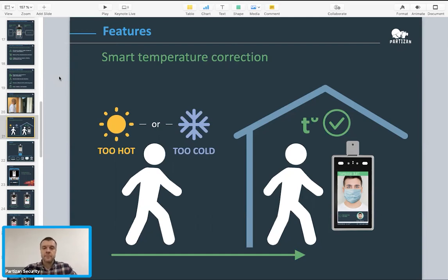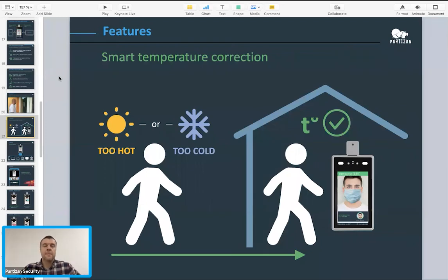If you see that people coming inside have a 1 degree plus temperature compared to the normal temperature after the 5 minutes, you can just put this 1 degree correction into the device. So if I have, let's say, 36.6, and I've been outside for a while in the hot sun, I will have 37.6.